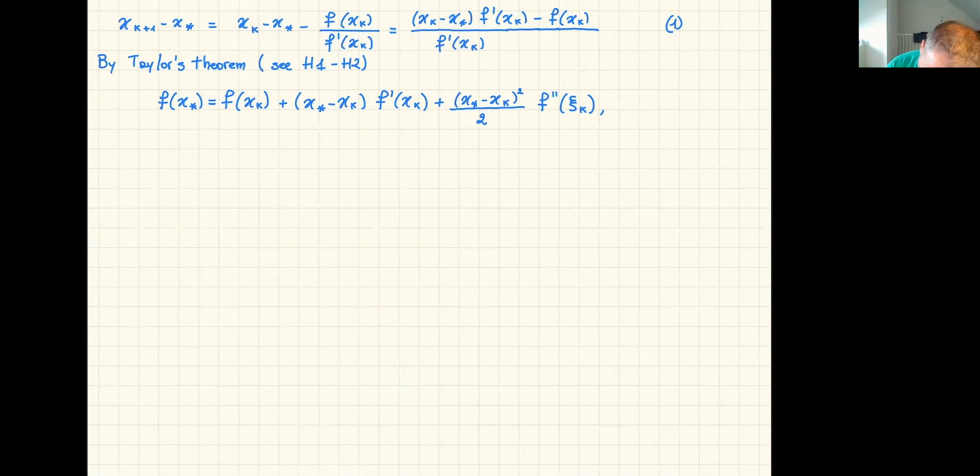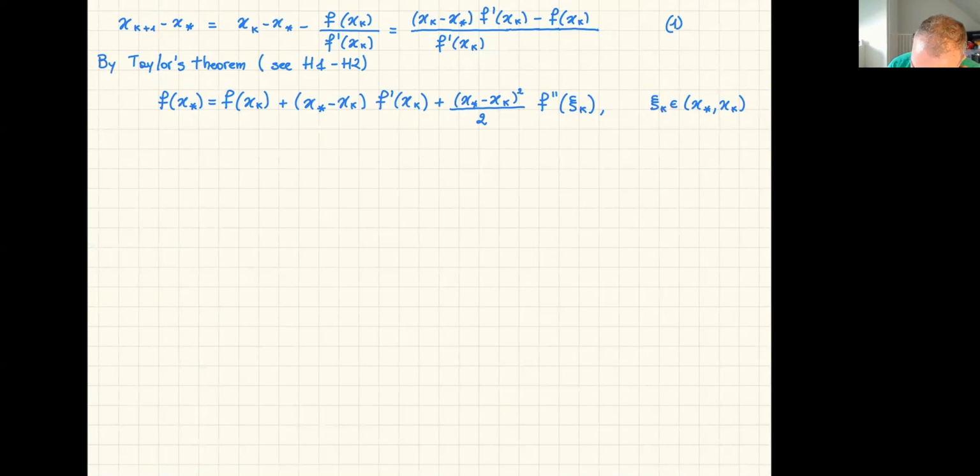The third comment is that Taylor's theorem is valid for this unknown number psi k. It's unknown, but what we know is that it's in an interval. And very often, in convergence proofs about iterative methods, it's immaterial that you do not know what psi k is, because what you really need is just the bound of where psi k exists.